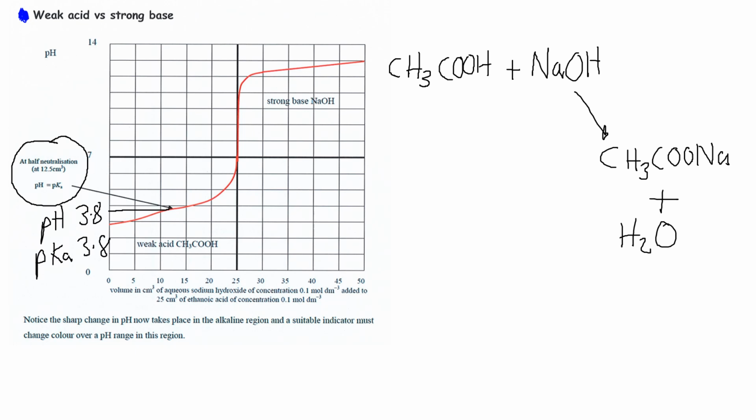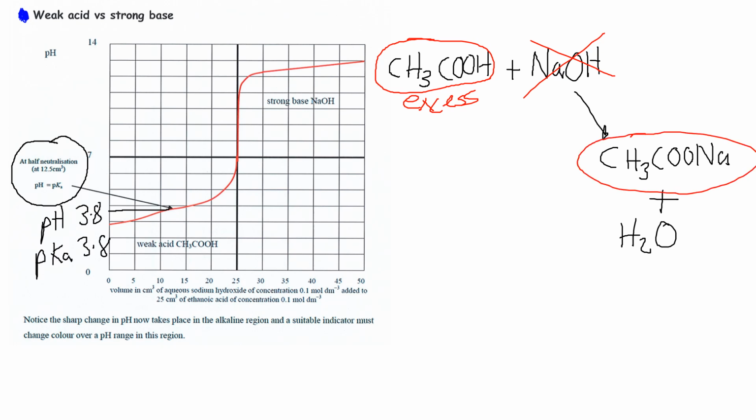Now, the way that you make a buffer normally is that you'd have excess of the weak acid reacting with the sodium hydroxide. So basically then all of the sodium hydroxide gets used up, and your buffer is composed of ethanoic acid and the salt.